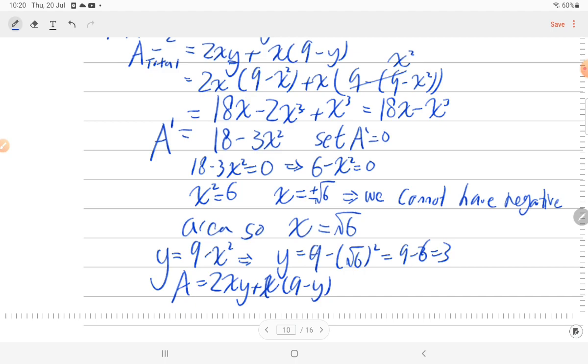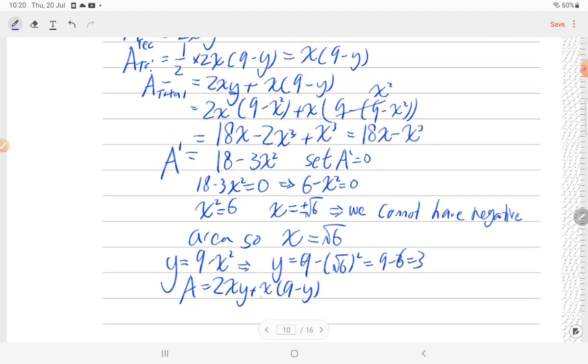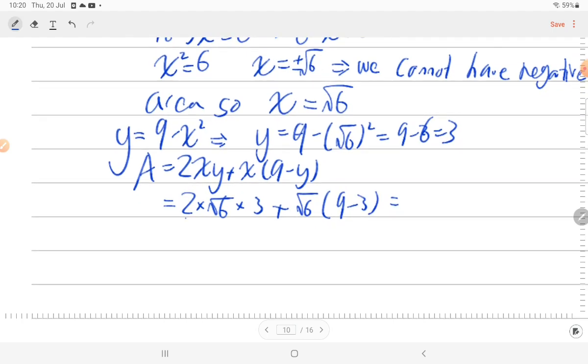I'll rewrite this to be a bit more clear. 2xy plus x of 9 take away y. So plug in the numbers, which is 2 times square root of 6 times 3 plus square root of 6 times 9 take away 3, which is equal to, so 2 times 3 is 6, and we just keep the square root of 6 as it is.